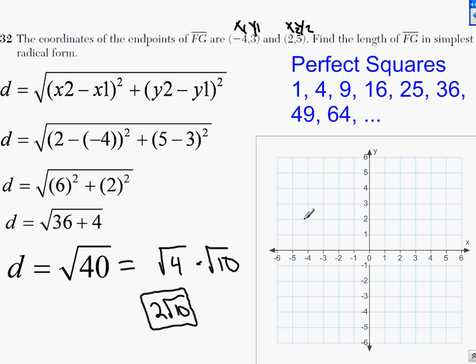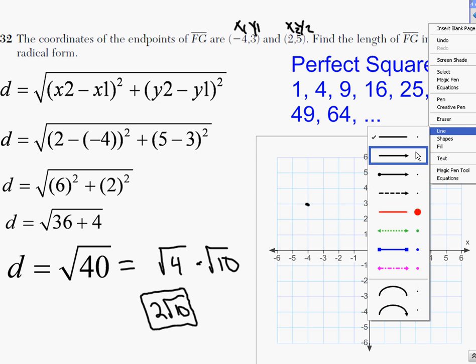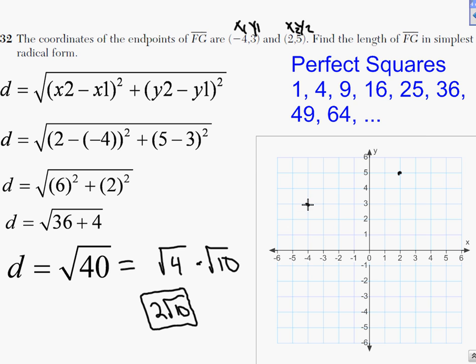So in this case it's (-4, 3) and (2, 5). And what you're going to do is connect the coordinates and you get this line here. You got F, G.